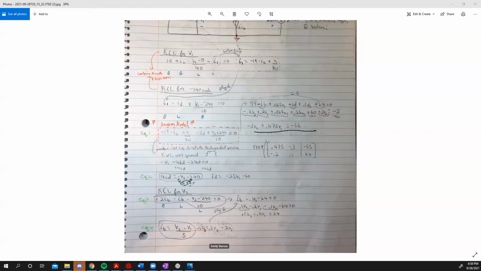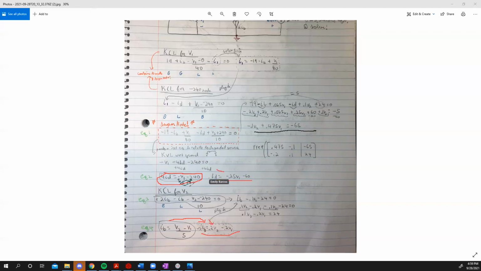So what I did was, first of all, I changed this into decimals to get this. And then I changed this one right here to just solve for ID to get this one, right? So now I have ID equals this right here and IB equals this right here.